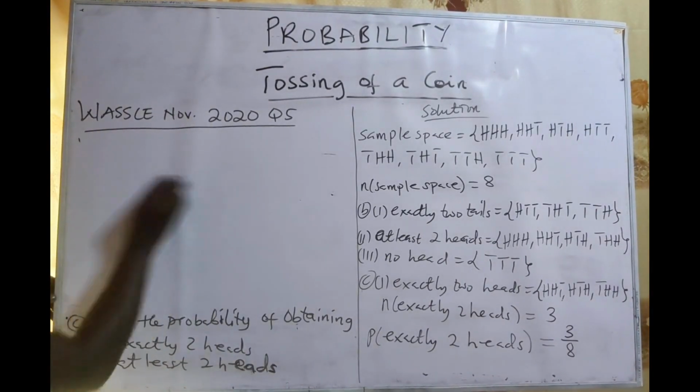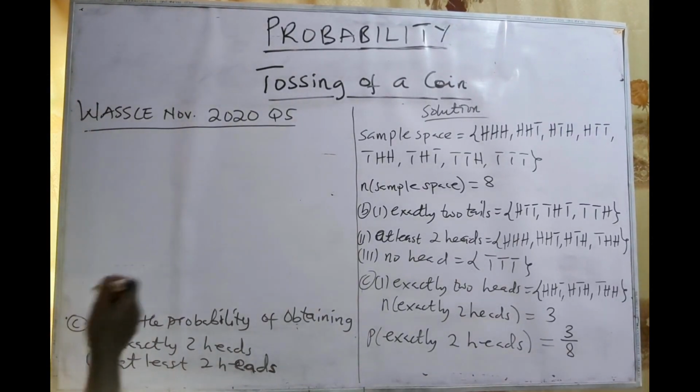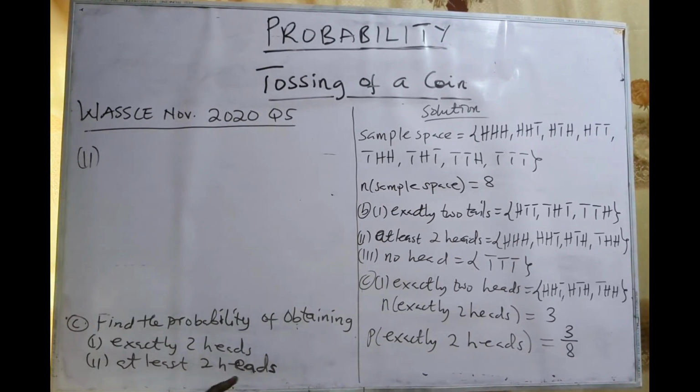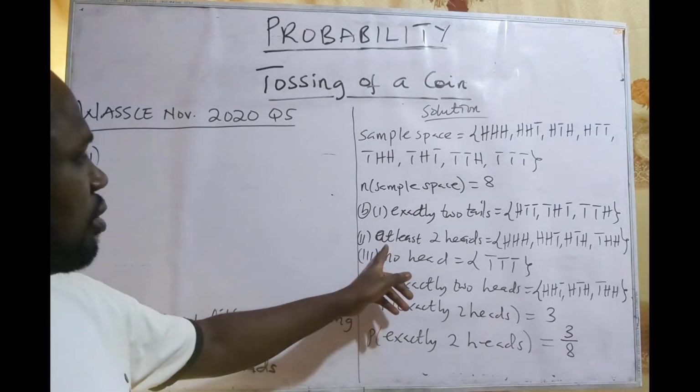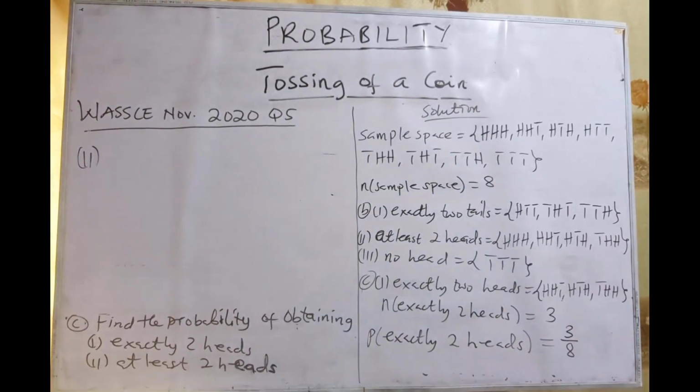And then we are good to go. At least 2 heads. When you look at the B, I think we wrote the event of at least 2 heads there, so there is no need writing it again.